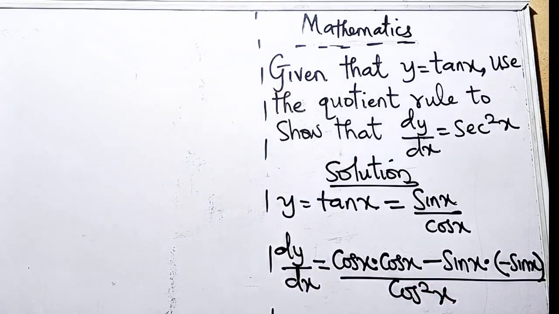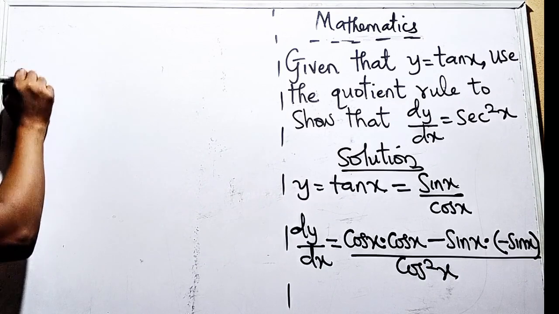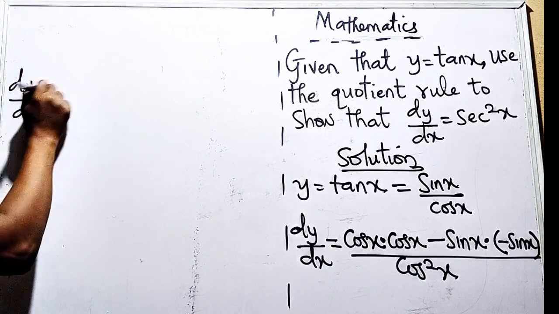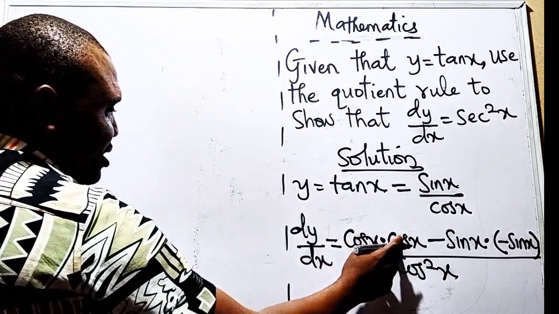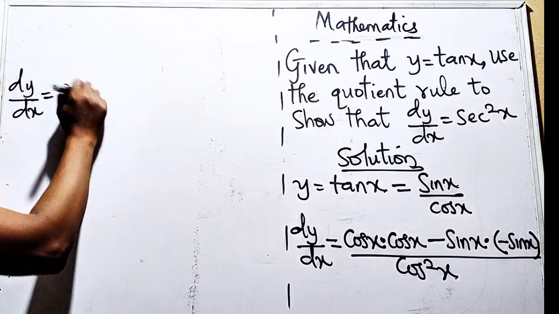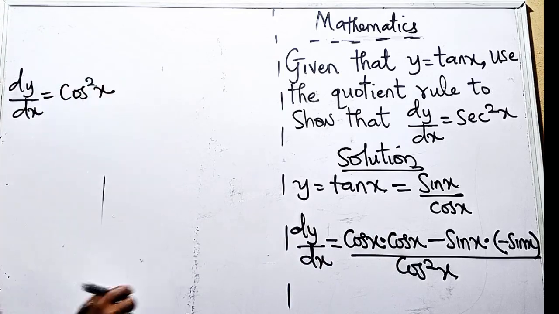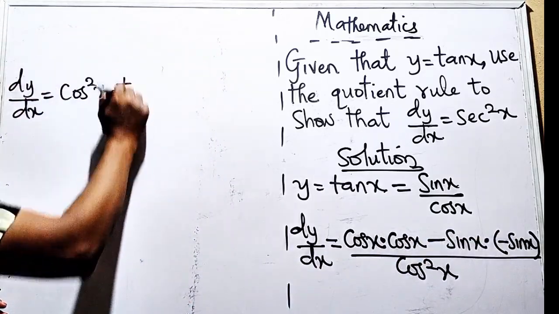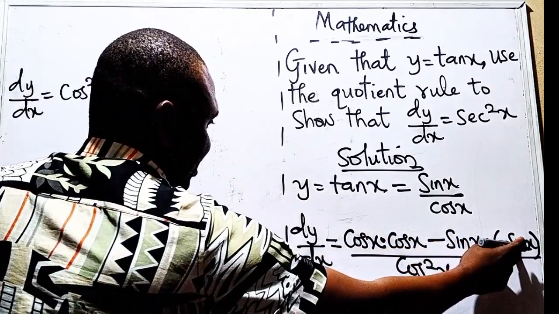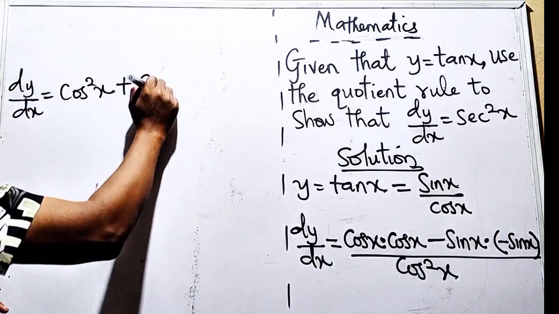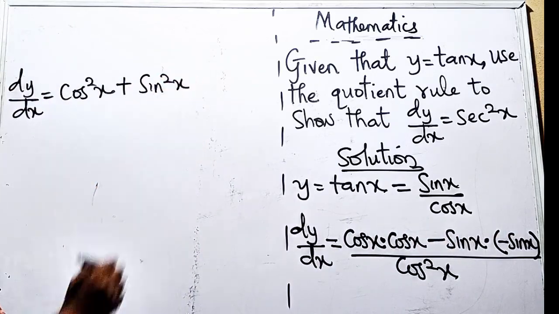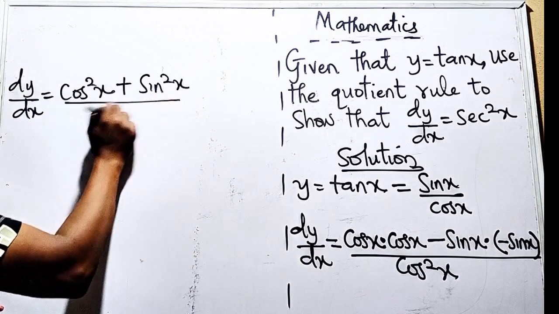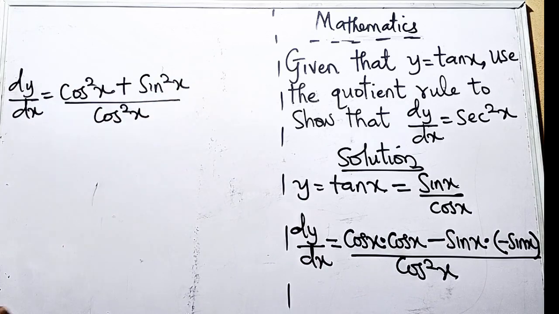So my dy/dx will be equal to cos x times cos x, which gives us cos squared x. Now minus times minus is plus. Sin x times sin x gives us sin squared x, over cos squared x.